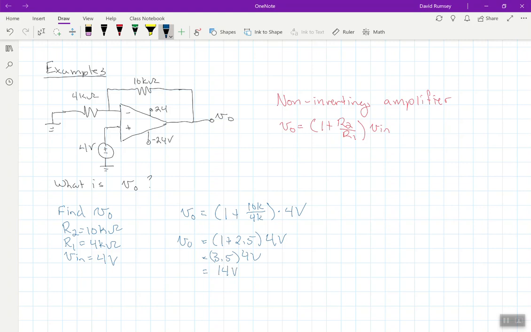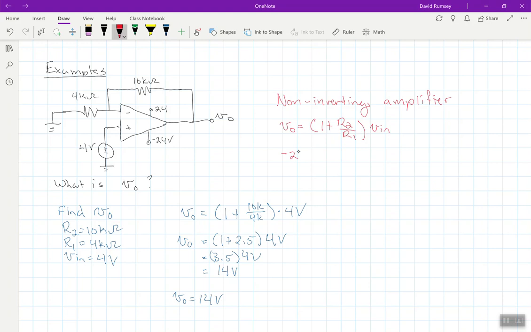Now before I say that Vout here is 14 volts, before I circle this as my final answer, I want to ask, does this make sense? Well, look at the power supply. We have plus or minus 24 volts as our power supply, so can I obtain 14 volts as my output voltage? Well, of course, because it's less than 24.